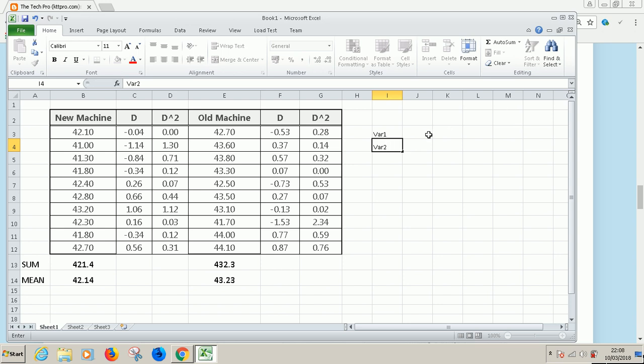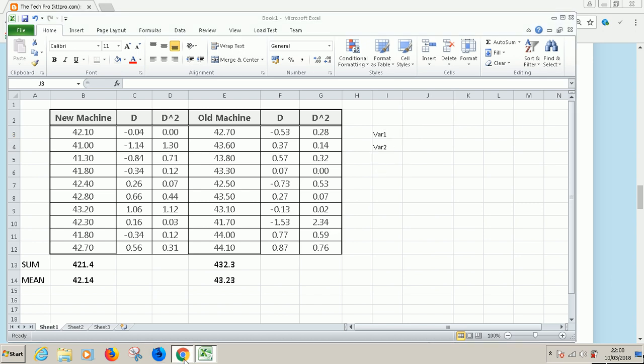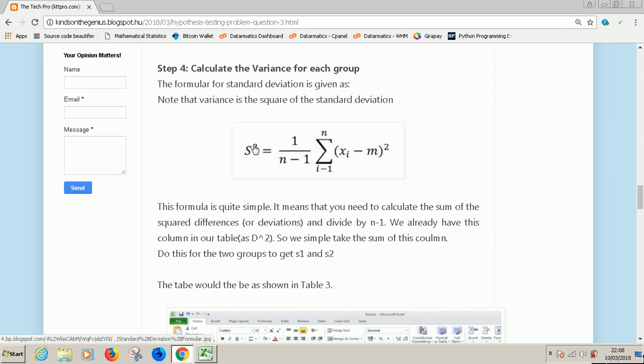So you have in the formula s squared equal to 1 over n minus 1 sigma x minus m squared. Remember, we already have xi minus m is the deviation and we are taking the square.